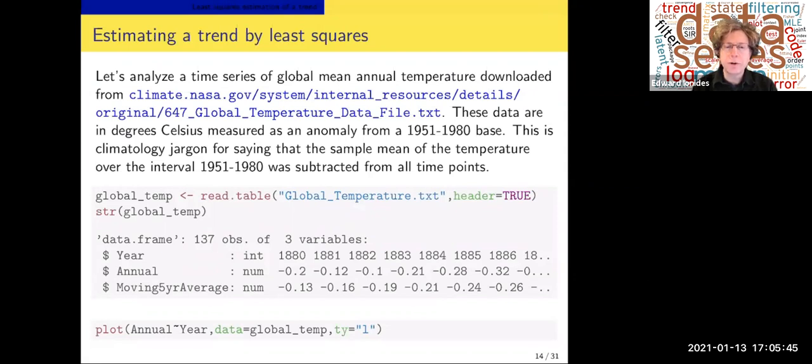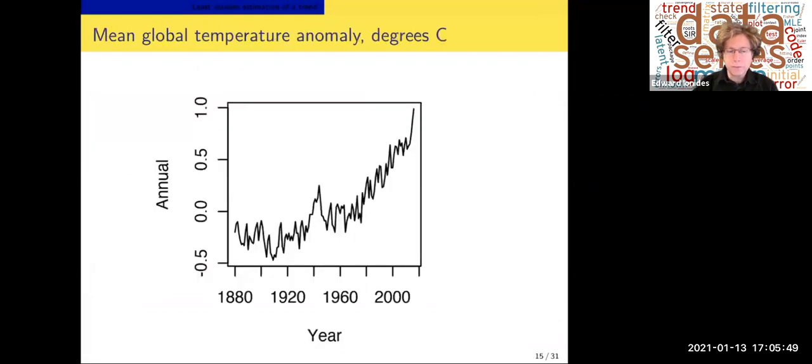One of the first things you do after you've just looked at the variables is you plot them. And here we go. This is the global warming story that we know all too well.